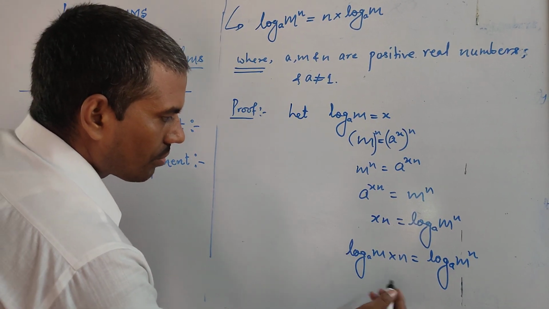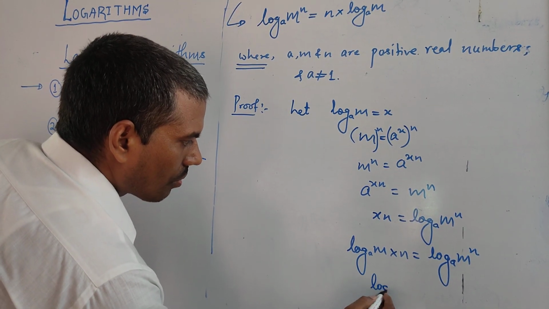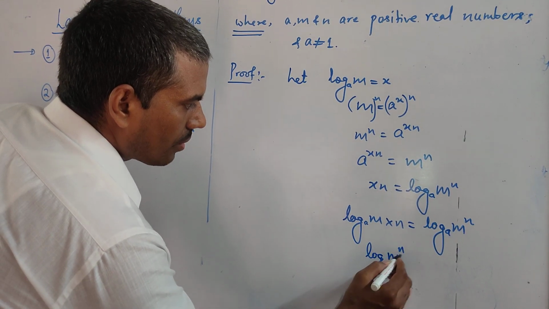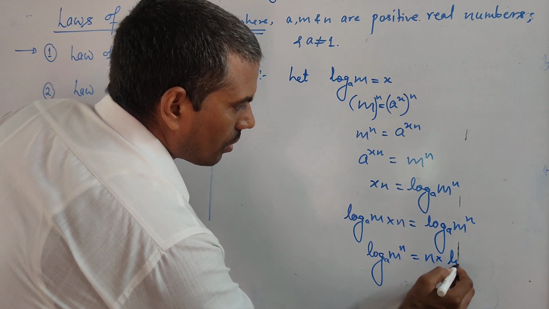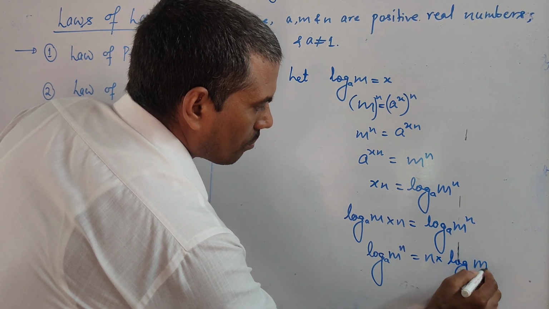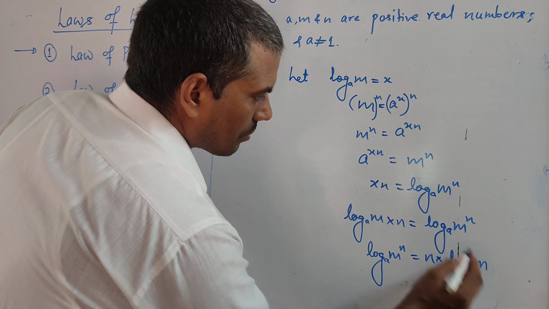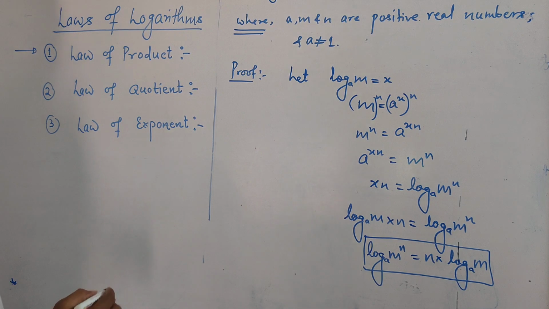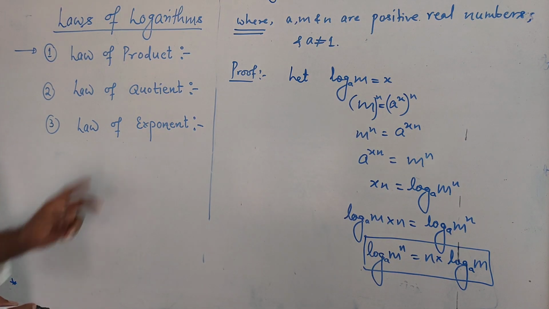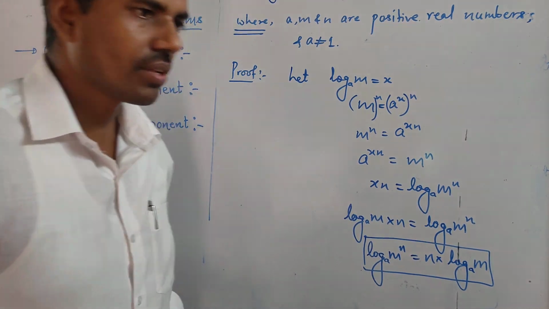So log of m to the power n to the base a is equal to n into log of m to the base a. This one is the third law of logarithms, known as the law of exponent.